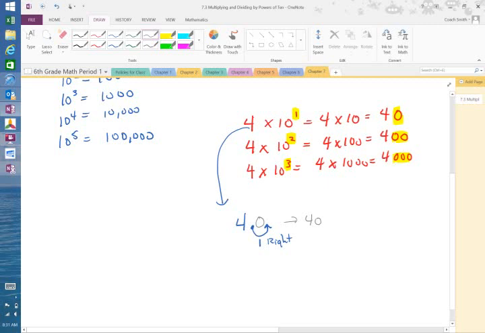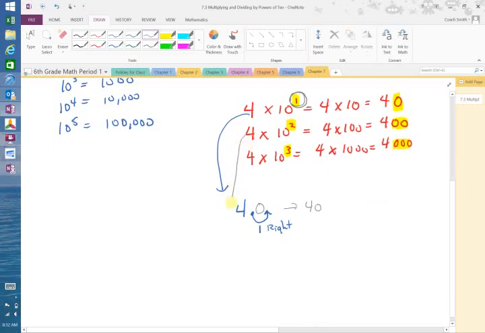I moved it one place to the right. The next one is 4, and I'm going to move the decimal once, twice to the right. So I'm going to add some zeros here, and I get 400.